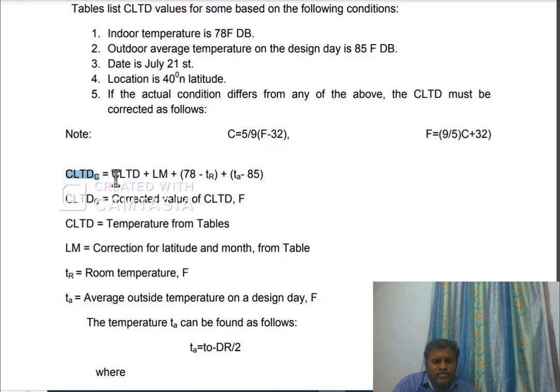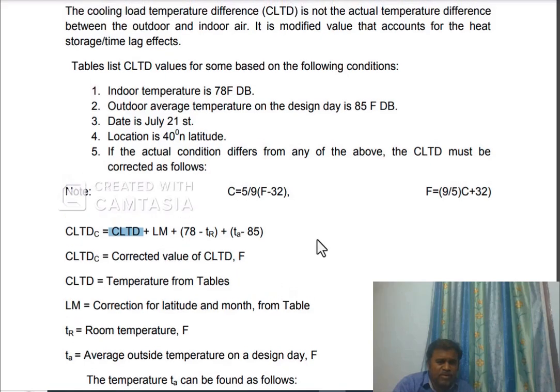Cooling load temperature difference is equal to CLTD plus LM, times 78 minus TR, plus TA minus 75. This is the formula, okay. This formula is generated based on the indoor temperature as well as the design day.